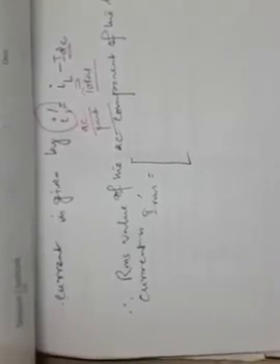The expression for the RMS value is root mean square, so we have to keep all three operations inside: root, mean and square.